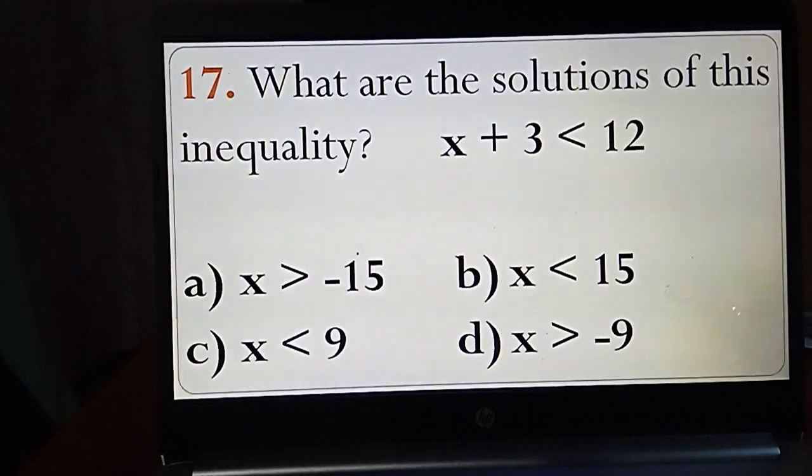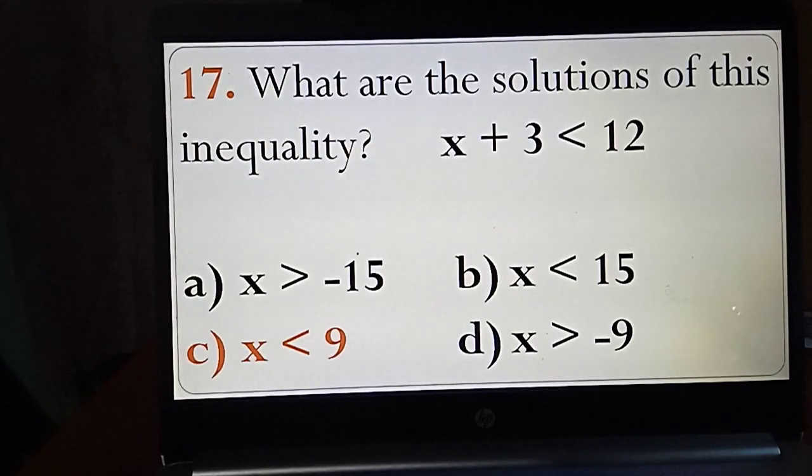So x is less than 9. Where is that? For letter A, x is greater than negative 15. B, x is less than 15. C is x is less than 9. Letter D, x is greater than negative 9. So the answer is letter C.